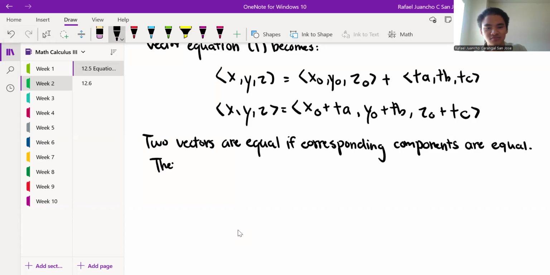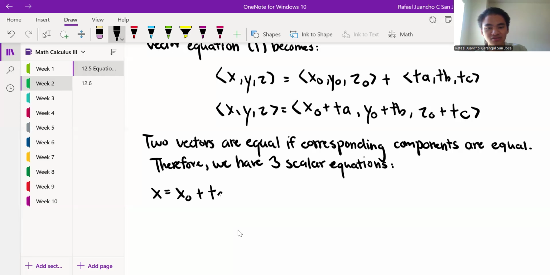So we have three scalar equations. Scalar meaning gives us a number. We have x equals x naught plus tA. We have y equals y naught plus tB. And we have z equals z naught plus tC.